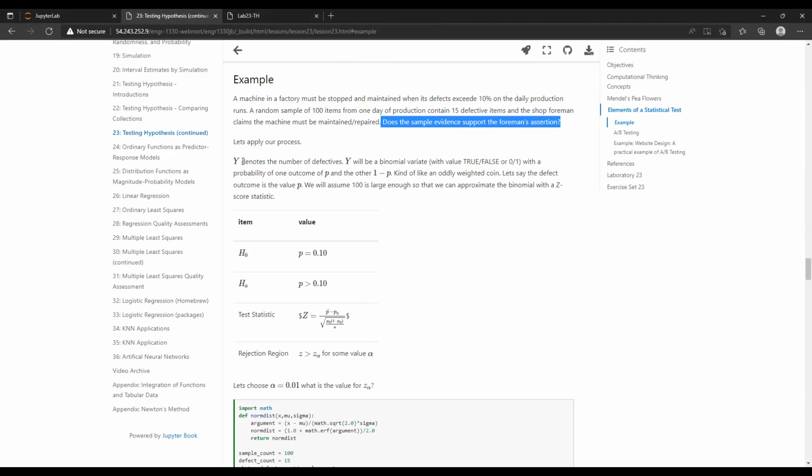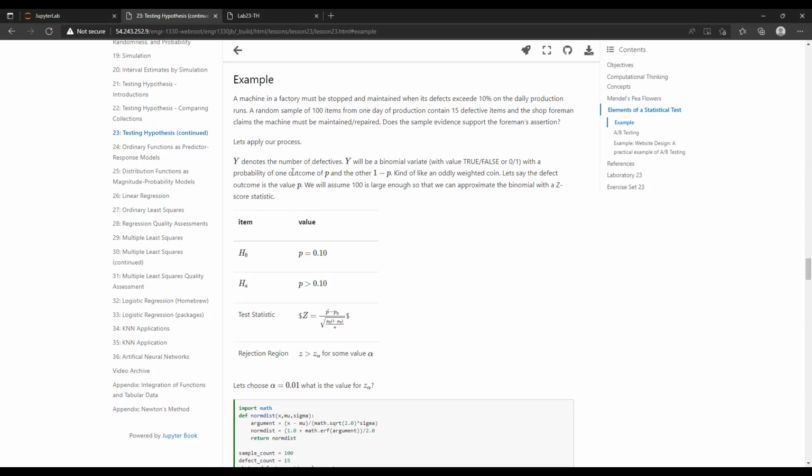Let's apply our process. So we have a random variable y, and we're going to say it denotes the number of defective widgets. Every time I do this example, I say it's a widget factory. The machine makes widgets. So y will be a binomial variate with value true or false.